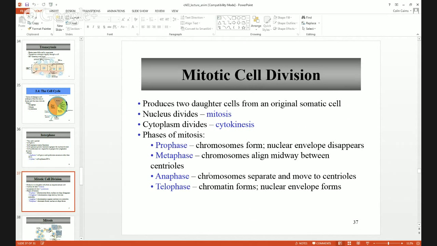The anaphase, when the chromosomes separate and move to the poles. And telophase, when the chromatin forms and the nuclear envelope forms. The mnemonic that's used to remember these phases in order is "passed my anatomy test." Prophase, metaphase, anaphase, telophase.